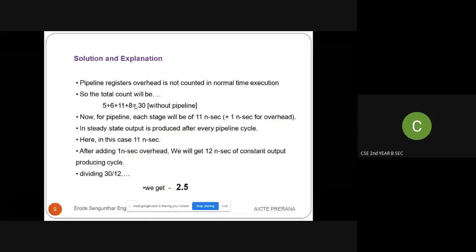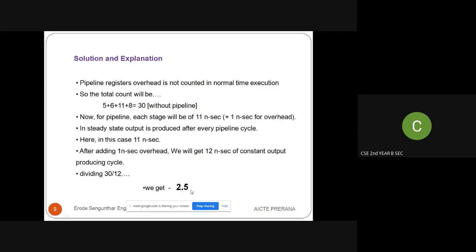So why are they dividing? Without pipeline the count will be 30, and with pipeline there will be a delay caused by the pipeline register. So we are dividing and comparing these two to get the pipeline speed up. 30 divided by 12, we will get 2.5.